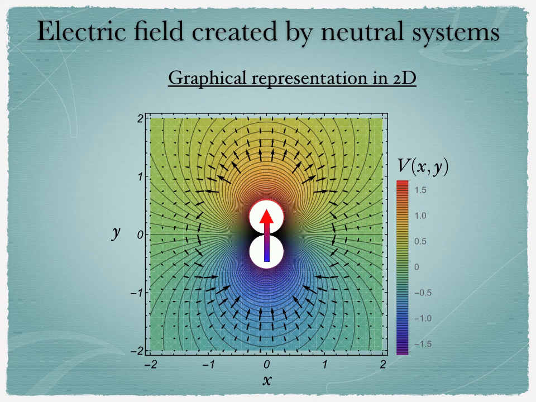Now, I've depicted the arrow with a gradient of colors where the blue will represent negative charges and the red will represent positive charges. As you see, there is also a color code associated to the potential, and as you see, next to the minus charge, there is a negative potential, and next to the positive charge, there is a positive potential, as we expect.